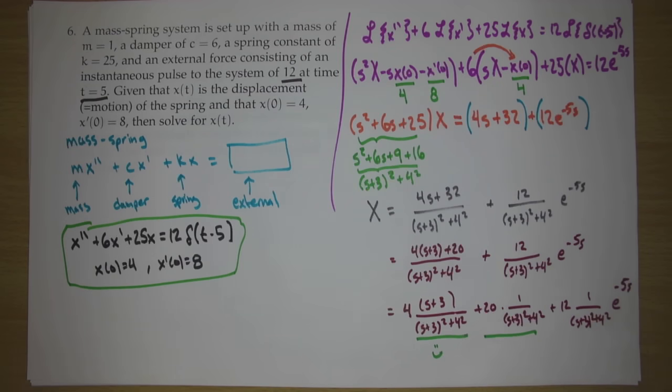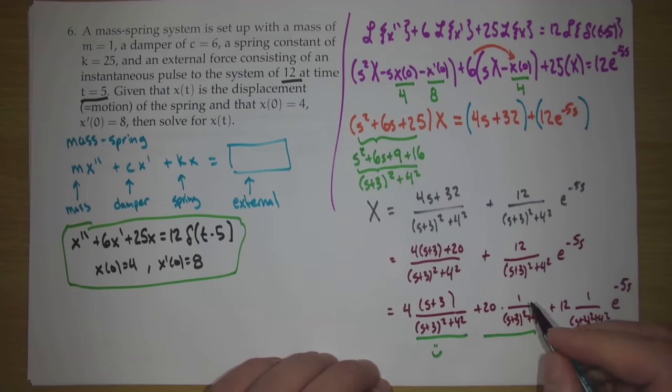We want a 4 upstairs because we want it to look like the b over s^2 + b^2 kind of thing. So if we put a 4 upstairs, we can do that, but we put a 4 downstairs. Are we happy now? Yes. Well, that trick was so nice, let's do it twice.